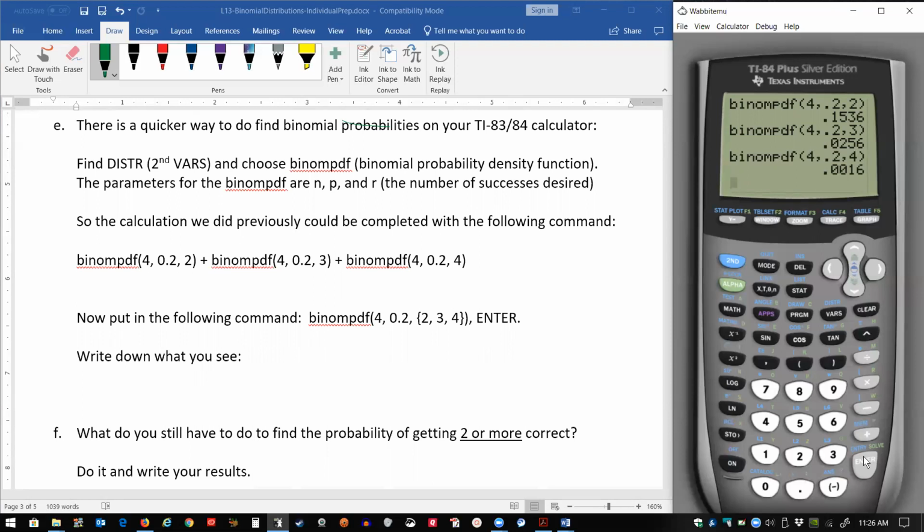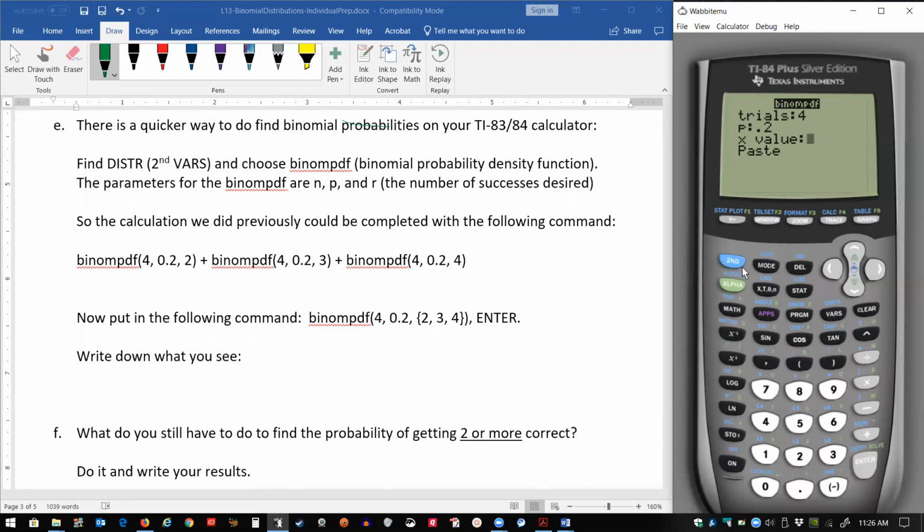Let's say I want to do binomial PDF, but for that third option, so let's go all the way down here again. We'll go through the entire steps. For that third option, instead of putting in a number, let's clear that out. Let's put in the list of numbers. So now those curly braces, I don't know if you've noticed where those are at.